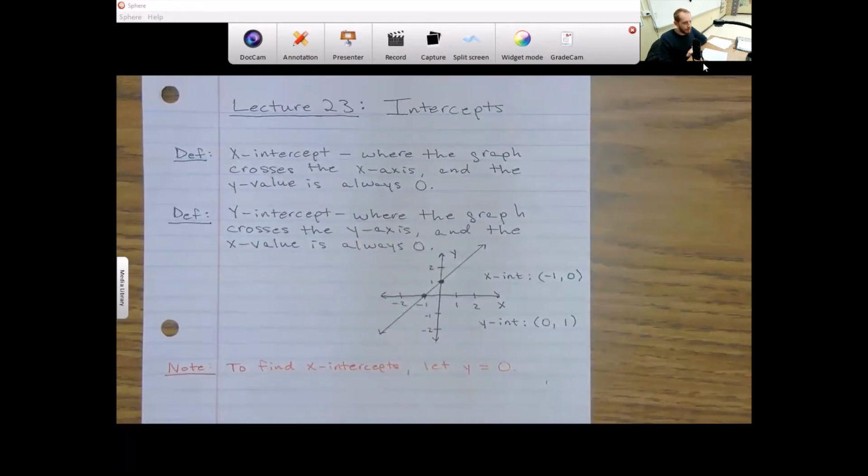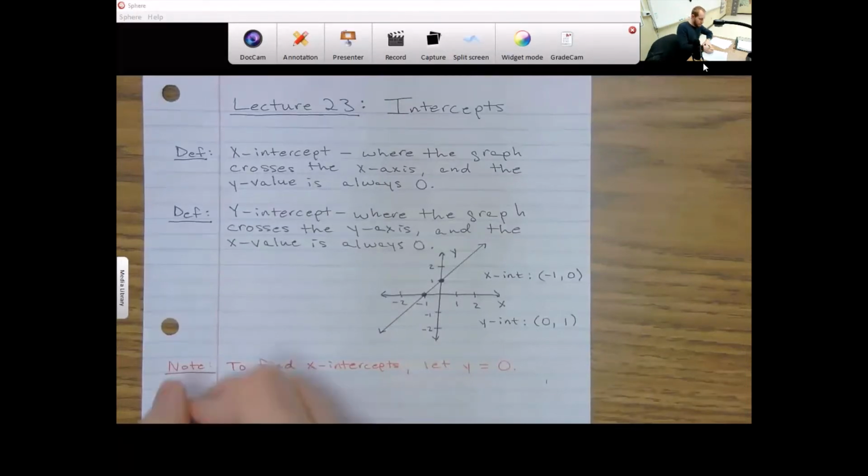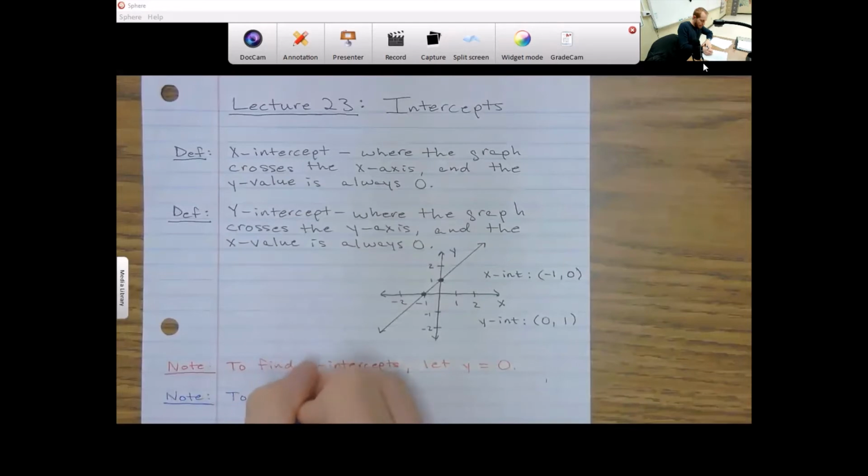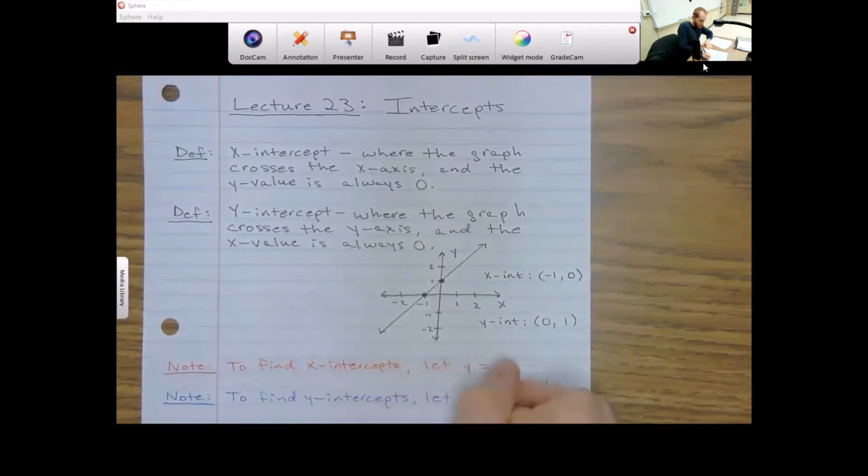Now, if you want to find the y-intercepts, what do you do? I'm going to grab my blue pen. So here's the second note. To find the y-intercepts, you want to let x equal 0.